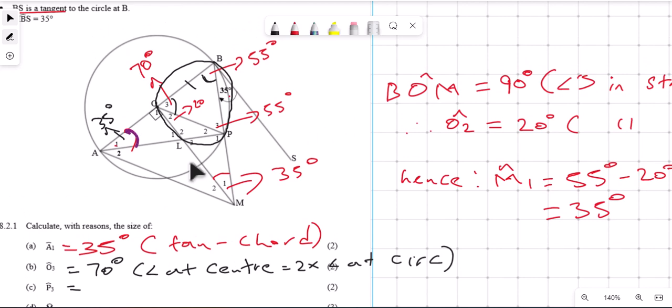The opposite interior angles, not sides, must add up to 180. And then the exterior angle is equal to the opposite interior angle.